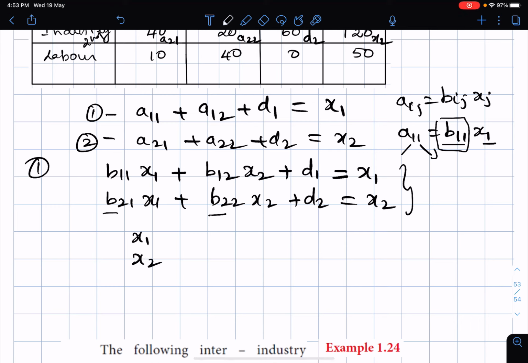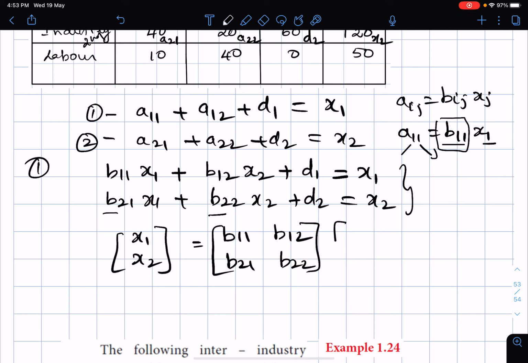X1, X2 equal to B11, B12, B21, B22, that is the coefficient matrix, into X1 and X2 plus D1, D2, our demand.